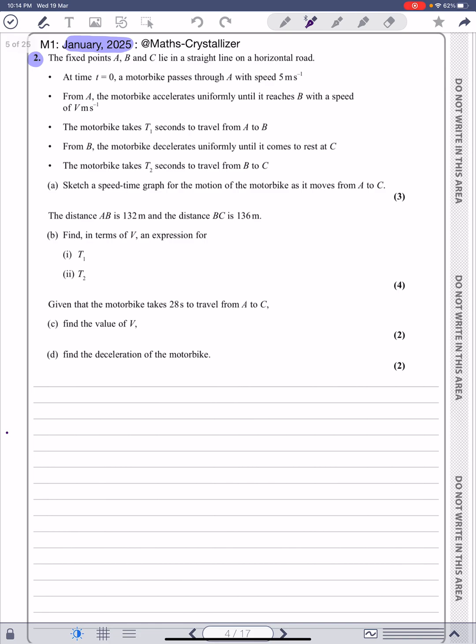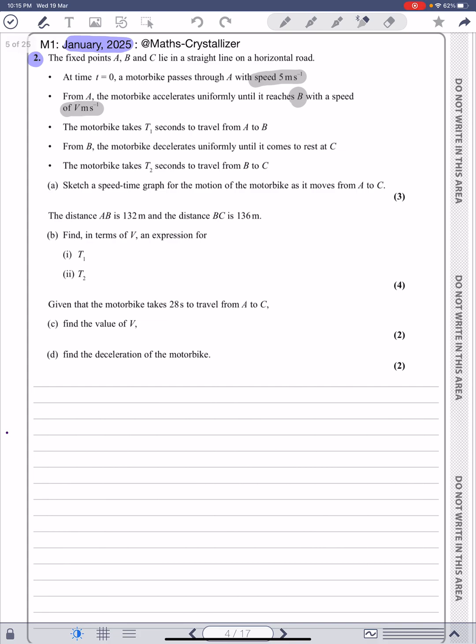That says, the fixed points A, B, and C lie in a straight line on a horizontal road. At time t0, a motorbike passes through point A with a speed 5 meters per second. From point A, the motorbike accelerates uniformly until it reaches B with a speed of V meters per second.